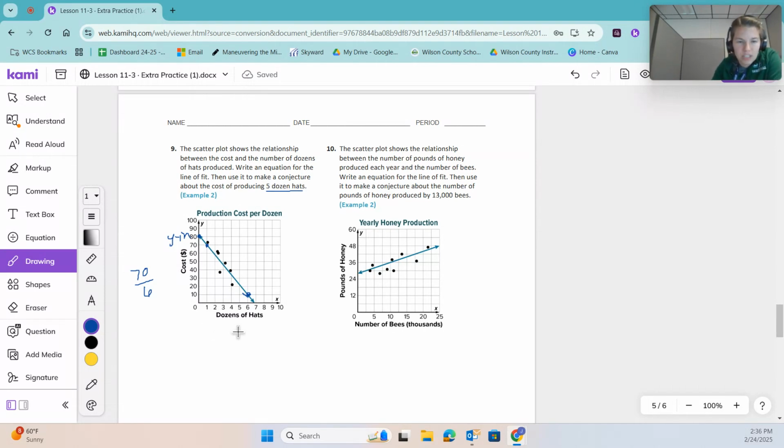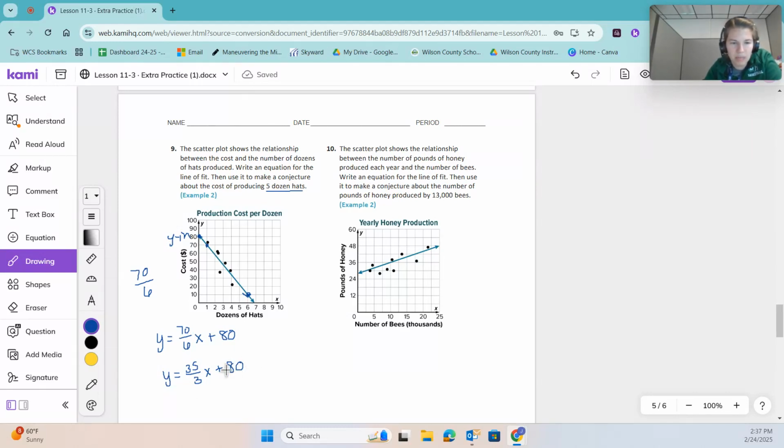70 over 6 looks like maybe a better slope than 10 over 1, because as I follow that 10 over 1, it doesn't follow it perfectly. So I wanted to look for one that was a little bit better. 70 over 6 is going to be a little bit more accurate for my slope. So my equation is y equals 70 over 6 x plus 80. 70 over 6 does simplify, so y equals 35 over 3 x plus 80.